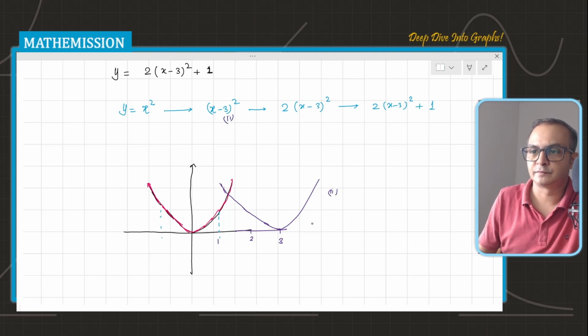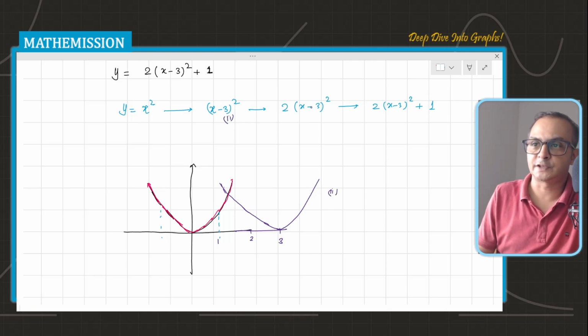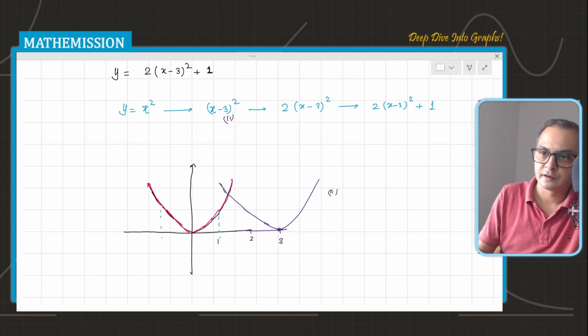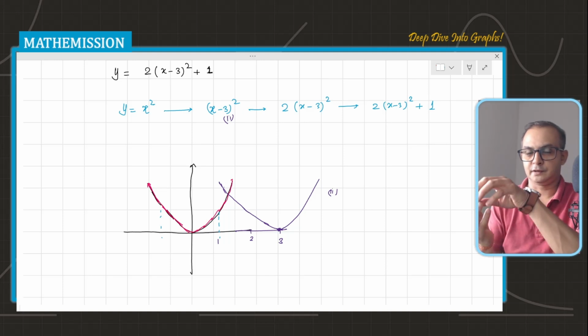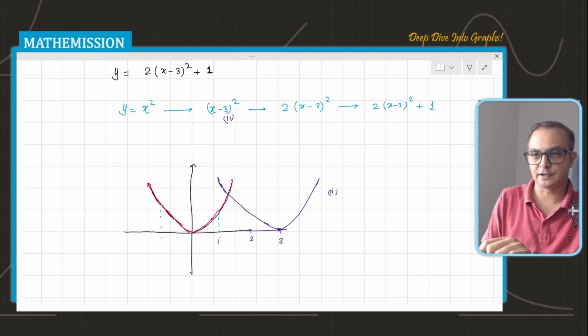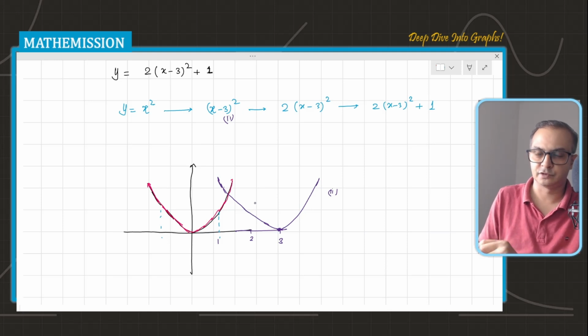Now the twice of (x minus 3) the whole square, it means the graph will be, because you're multiplying this 2 from outside, the graph has a stretch. How do we understand this dilation or the stretch from the outside?